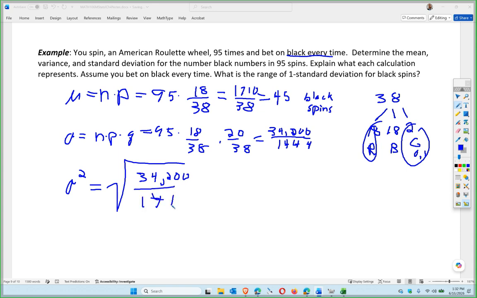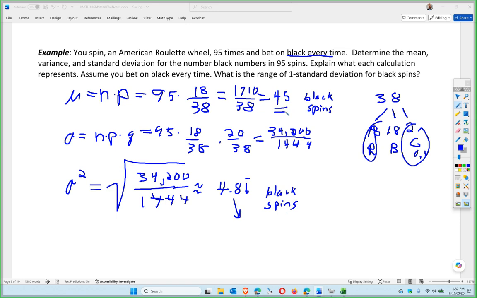So 34,200 over 1444, right? So that's going to be approximately 4.86 repeating black spins. Okay, so we'll say this is 5, right? So if you add 5, you're going to get 50. If you subtract 5, you're going to get 40.